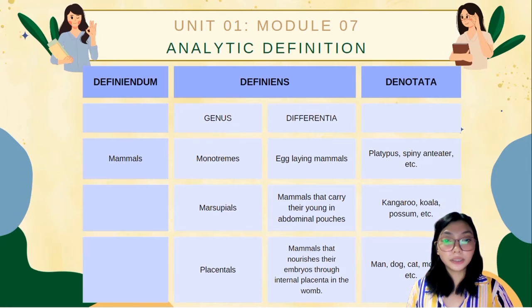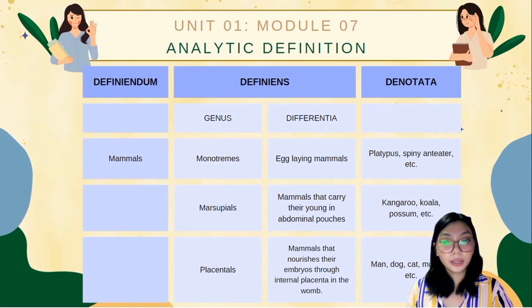The differentia between the three are that monotremes are egg-laying mammals, while marsupials are mammals that carry their young in abdominal pouches, and placentals, on the other hand, are those that nourish their embryos through an internal placenta in the womb.